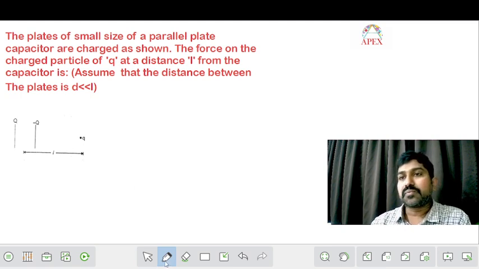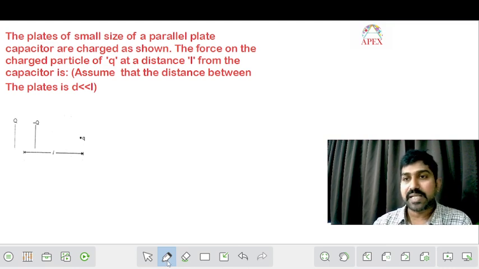The plates of small size of parallel plate capacitor, it was given the plates are very much smaller in size, are charged as shown in figure. In the figure it is given that plus Q and minus Q are the charges on two plates.